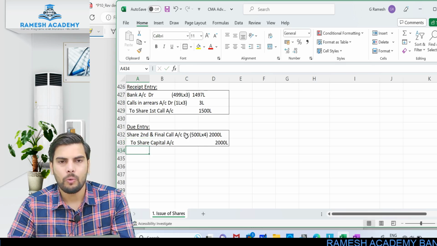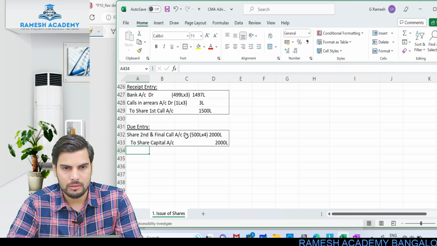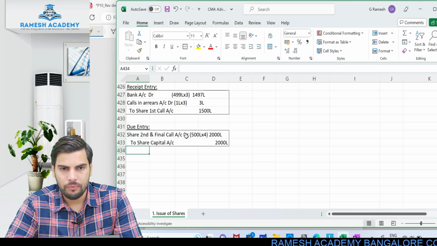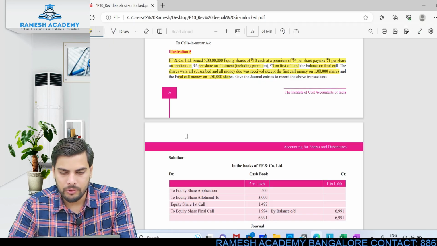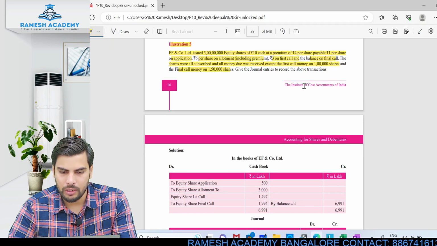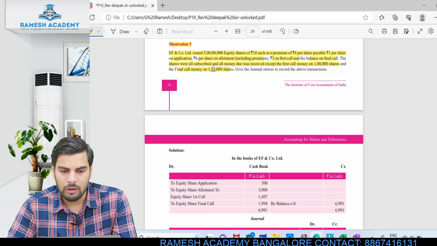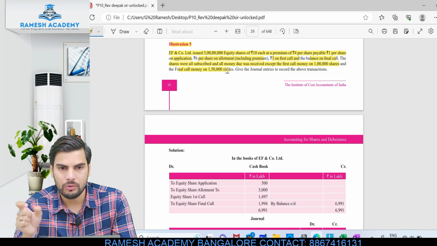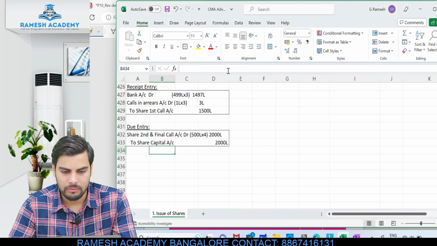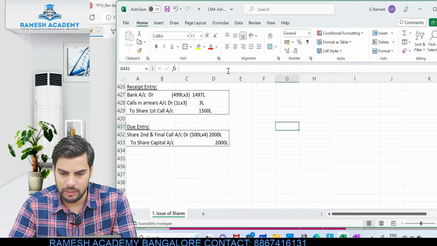Clear? Now when it comes to second and final call stage, how many shareholders defaulted? Okay, so they have clearly mentioned that when it comes to second and final call, to the extent of 1,50,000, they did not pay this second and final call. Okay, so I'll just write it like this.